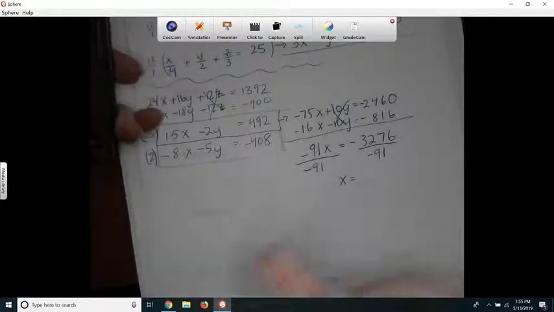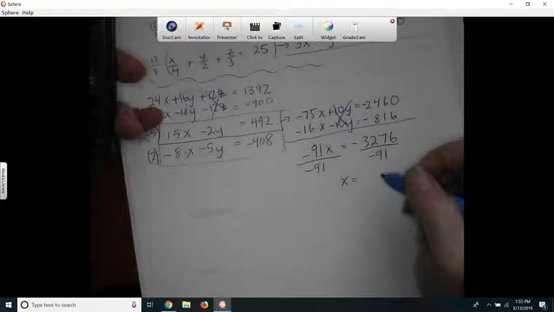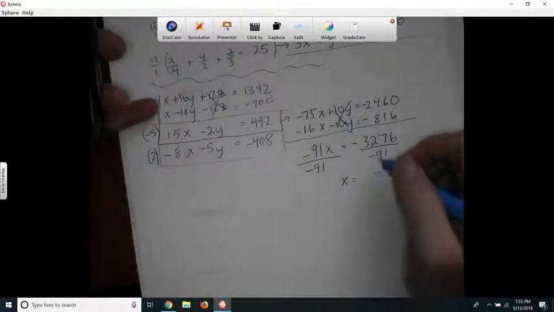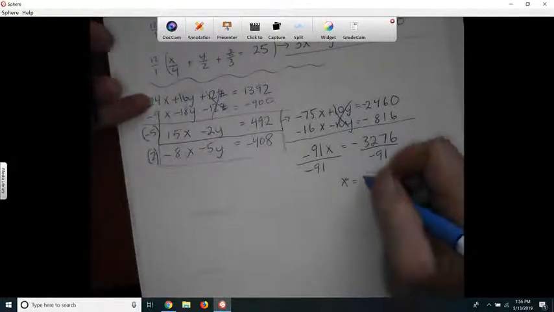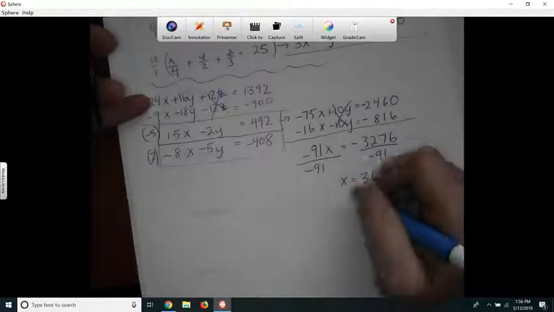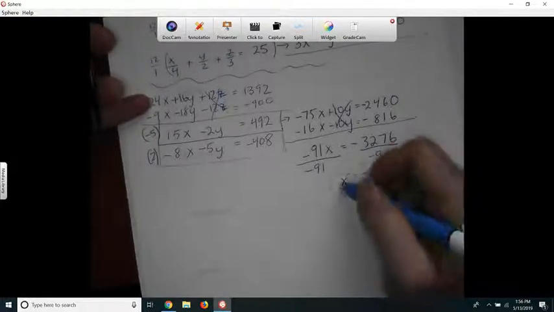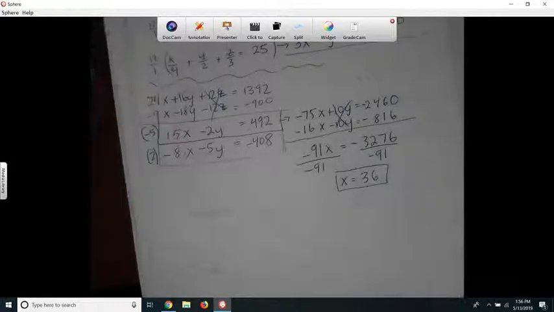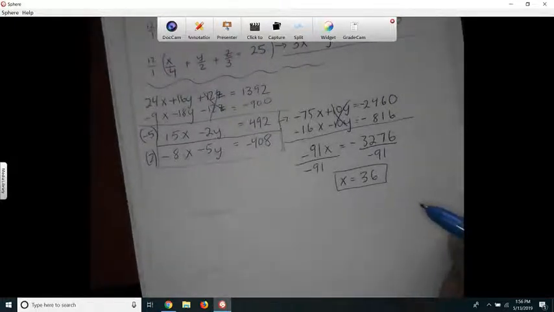It does. So, hey, how did it turn into x? Oh, I guess they were x's. Okay. X equals 36. So I have x's, y's, and z's. I found x. I'm going to check that before I move on.